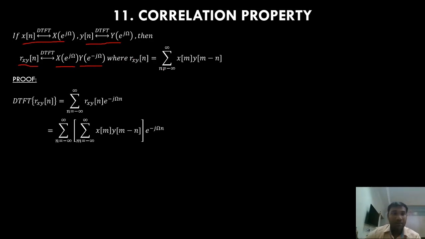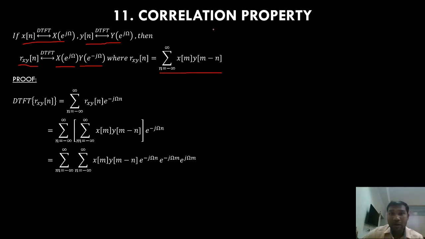So that we can prove similar to convolution. In place of r xy of n, I'm going to substitute the formula for correlation, right? Convolution formula was summation m minus infinite to plus infinite x1 of m x2 of n minus m, right? That was convolution formula.